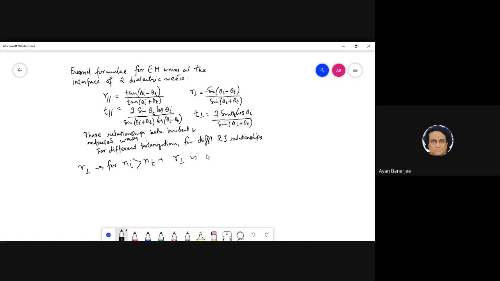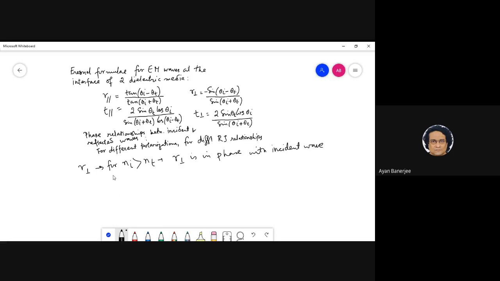So this is positive, right? Because theta t is obviously then more than theta I. So the numerator is always positive, because sine of theta I minus theta t is negative, right? So R perpendicular is in phase with the incident wave.